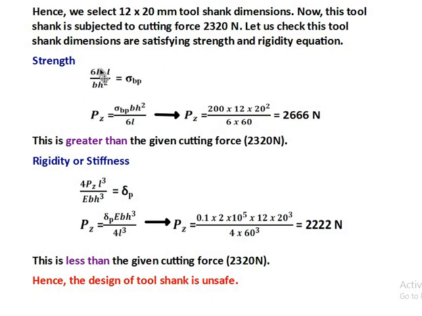From this, we find the force in the vertical direction, that is PZ is equal to bending strength into BH square divided by 6 into L. Now substitute B is equal to 12, H is equal to 20, bending strength as 200 Newton per mm square, divided by 6 into 60, you will get 2666 Newton.